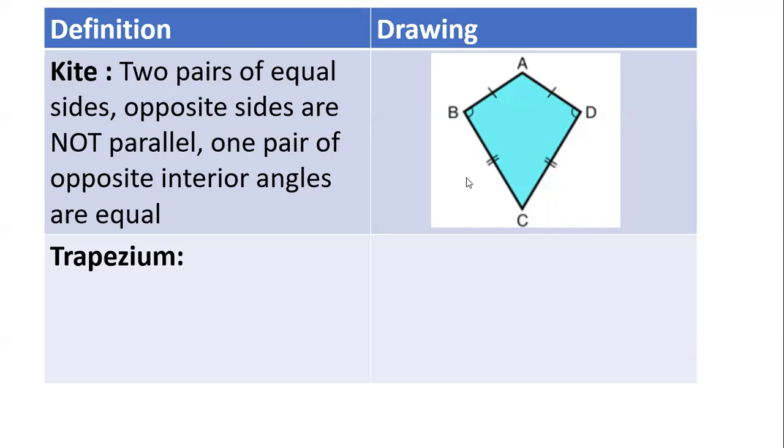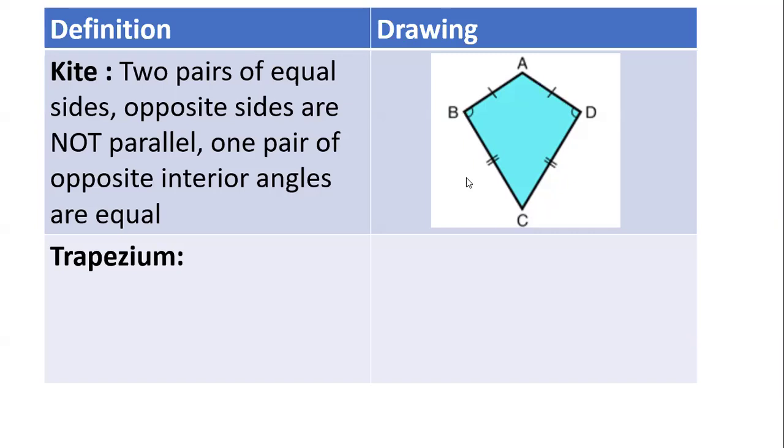Go ahead, Delvon. Can you read the correct characteristics of the kite? Two pairs of equal sides, opposite sides are not parallel.